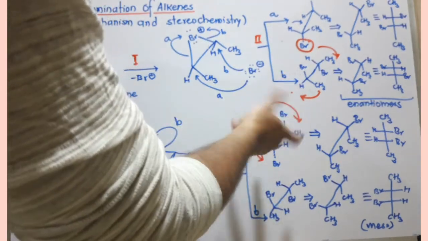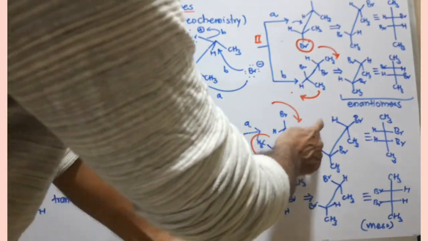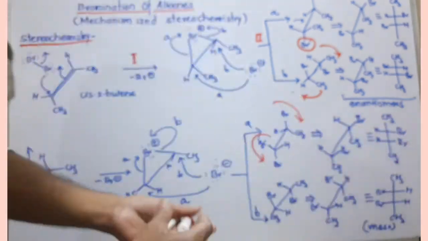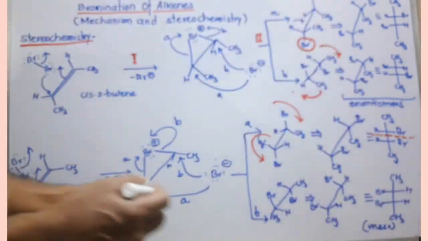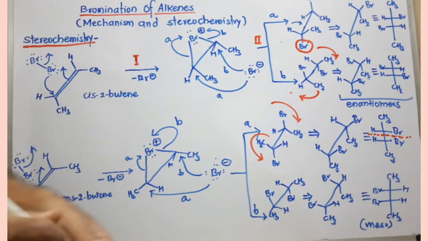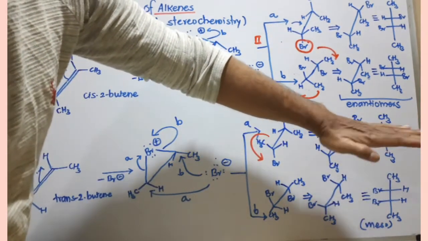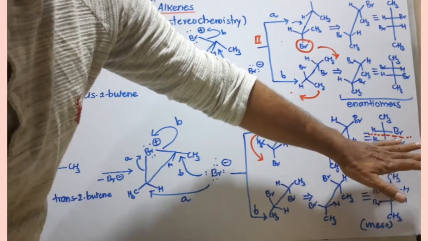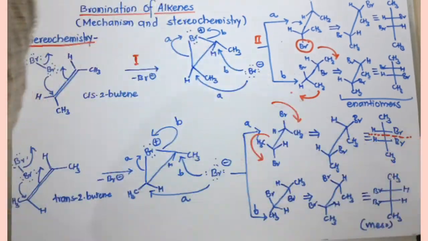And if I rotate these two carbons differently, I get this kind of arrangement here, which is converted here. If you look here, this molecule now has a plane of symmetry, and a molecule with two chiral carbons having a plane of symmetry is meso, so this is the meso stereoisomer, meso.